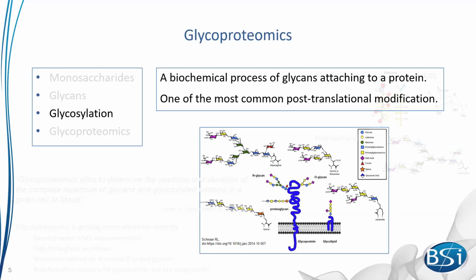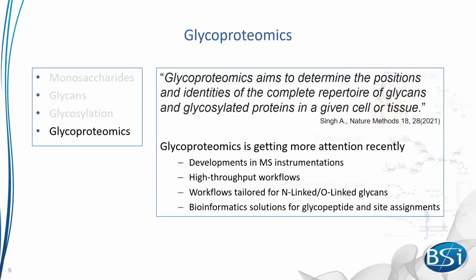This is one of the most common post-translational modifications. Glycoproteomics is the study of these glycosylated proteins. Basically, we want to know what the glycosylation sites are, which glycans are involved at each site, and whether there are any ways to quantify them.